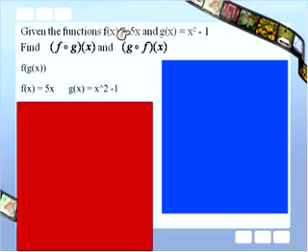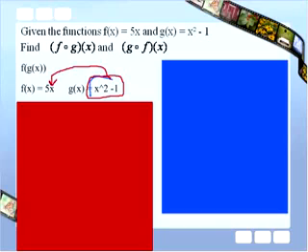So you may want to pause and try this problem on your own, and then turn it back on to see the answer. So again, I'm starting with the inside function, which is g of x, and I am replacing the x in function f.